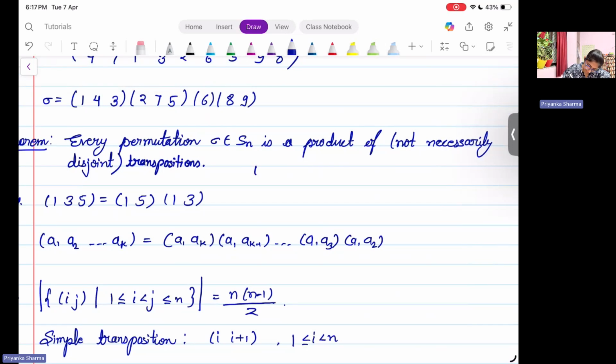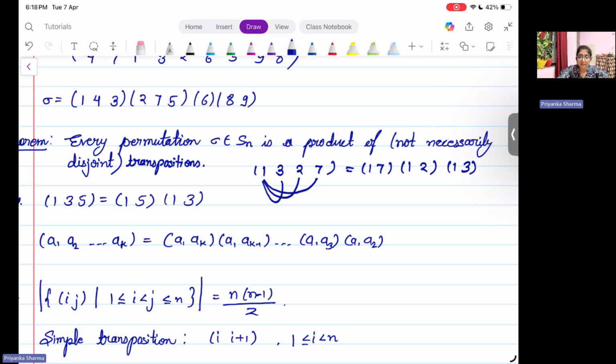So suppose we have this (1 3 2 7). Then what we will do? We will write first and the last, that is (1 7). Then we will write first and the second last, that is (1 2), and then first and this.